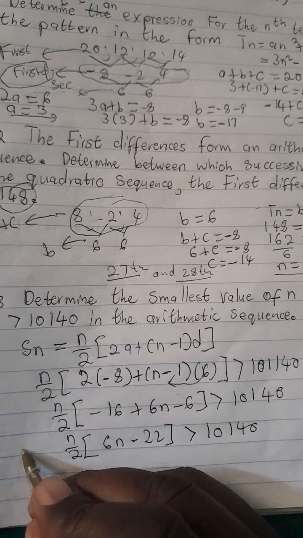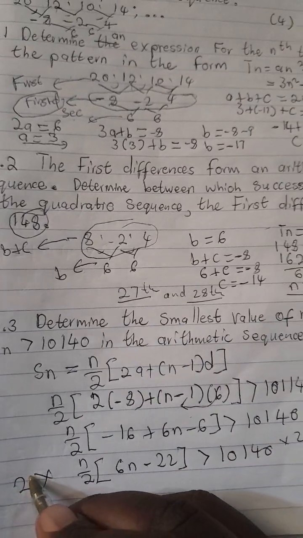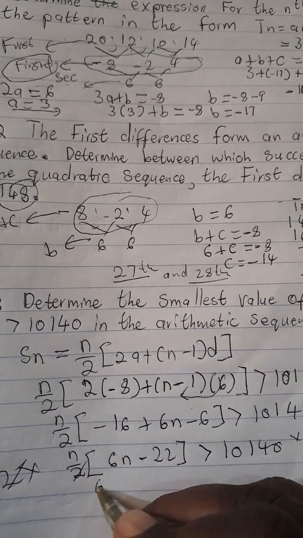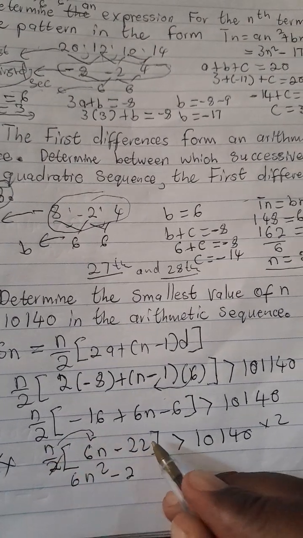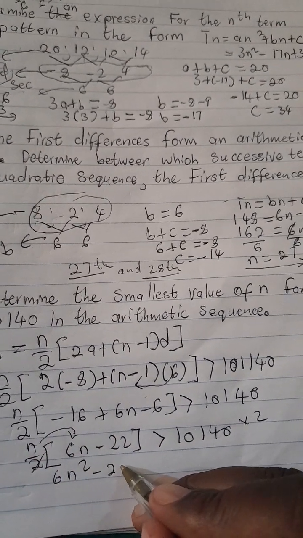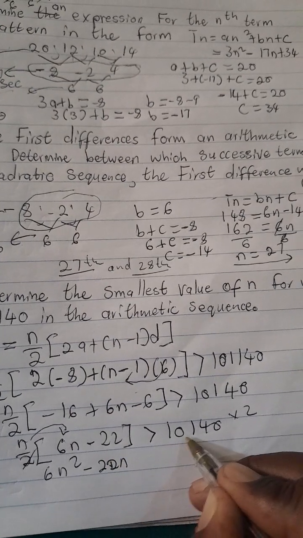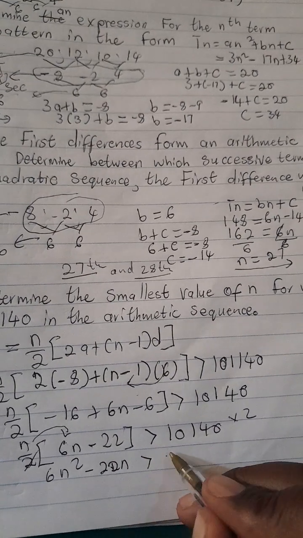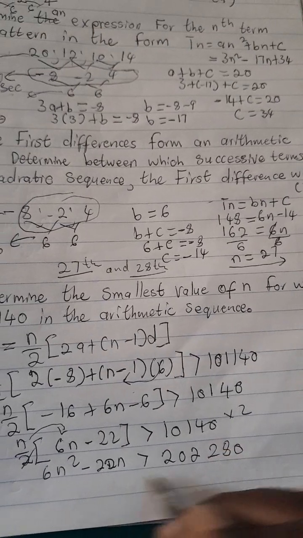From here, we can multiply everything by 2 to get rid of the fraction. Whatever is done on the left-hand side shall be done on the right-hand side. So we have n times everything inside the bracket, 6n squared, then negative 22n, which is greater than 20,280.